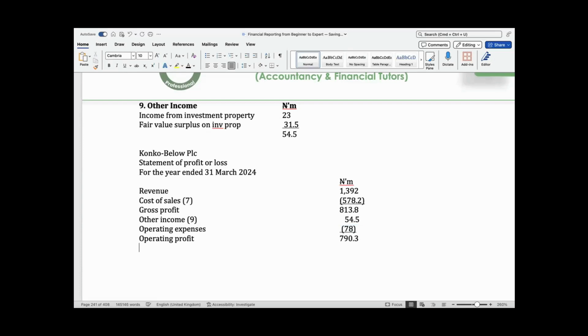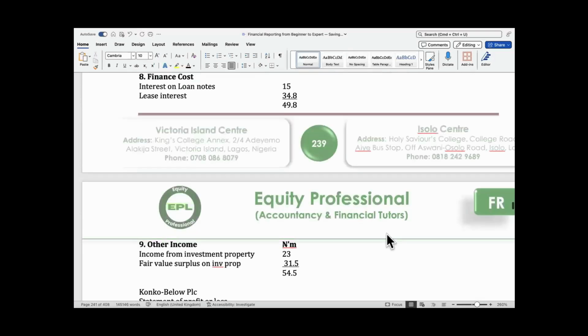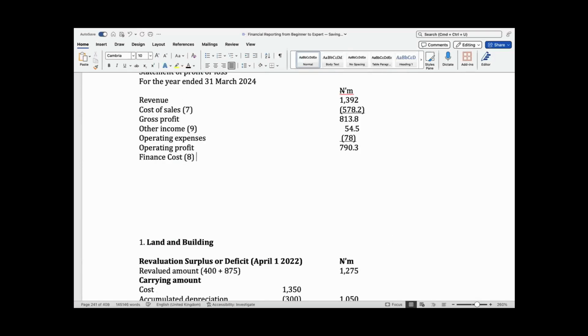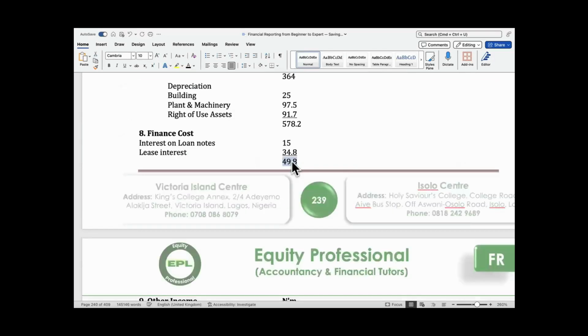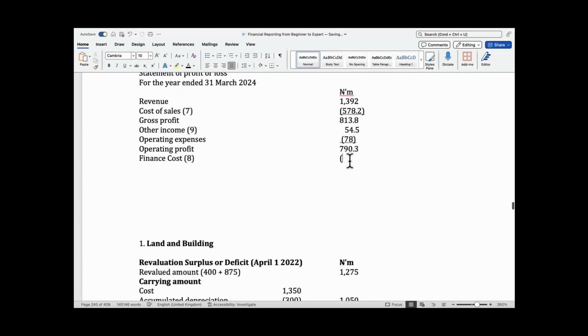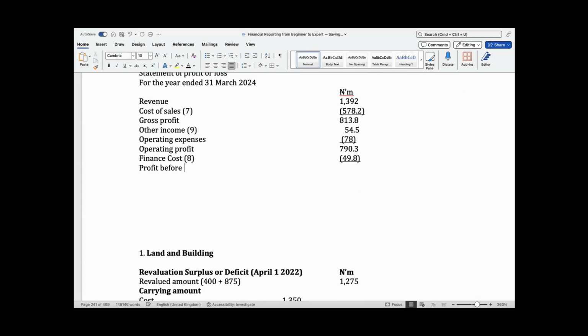Then I can deduct my finance costs, which I worked in working aids. Here, this 49.8 that I got here as my finance costs. So if I remove this one from that 790.3, I get my profit before tax. That's how much? 740.5.